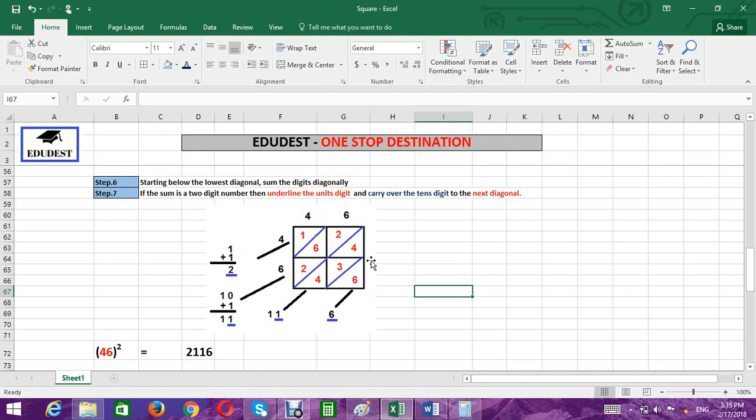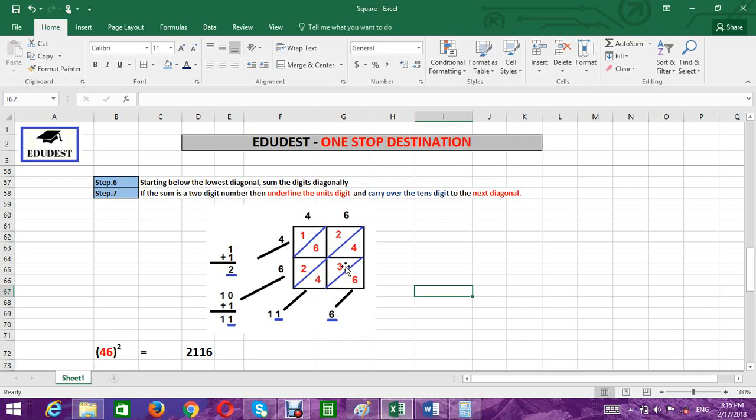When we add this diagonal, we get the answer 6. So 6 is a single-digit number. As it is a single-digit number, we keep it as it is, and only draw an underline here. Now come to the second diagonal.